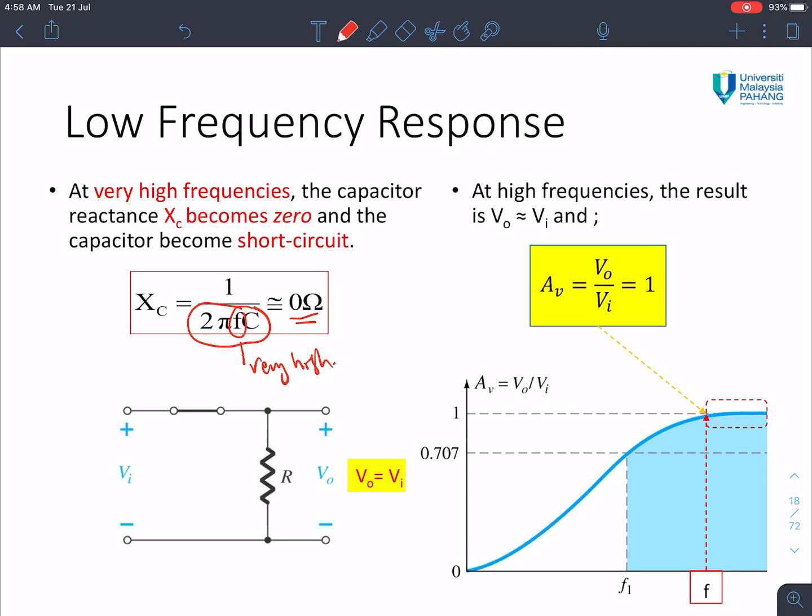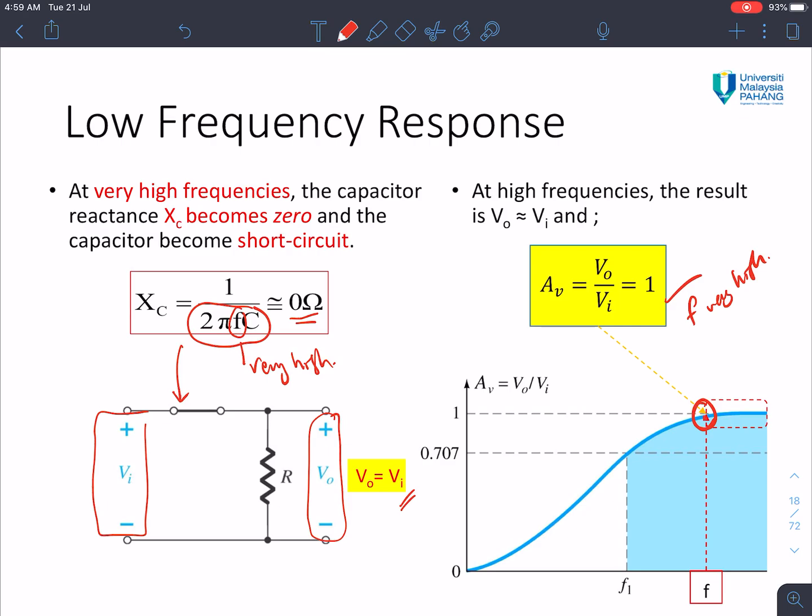So here we assume that when the reactance is 0, our circuit becomes a short circuit. It's like no resistance here, so our V out is equal to V in. This is the maximum value, where V out over V in equals 1. So now the gain is here, a maximum when the frequency is very high.